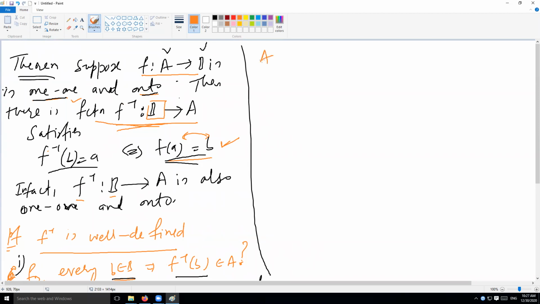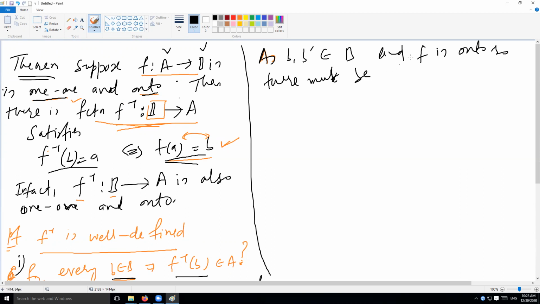As b and b prime are from B and f is onto, there must be a and a prime, right, such that b equals f of a and b prime equals f of a prime actually. Okay?